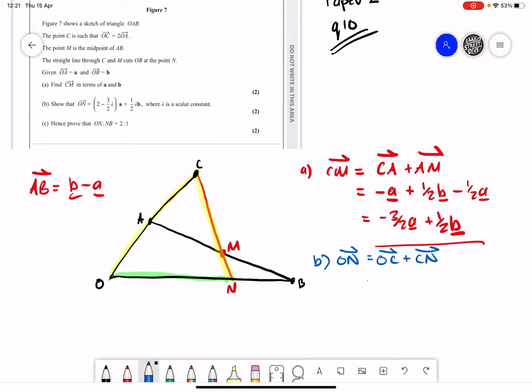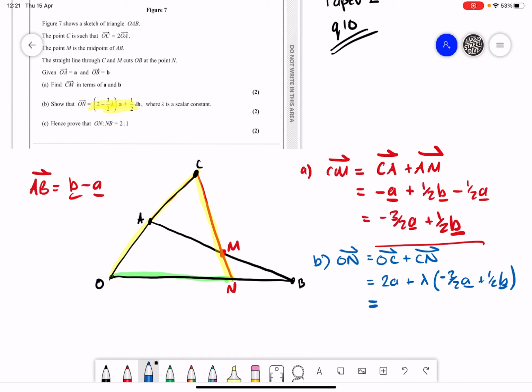Now I know that OC is equal to 2A, and CN is some multiple of CM. I'm going to use lambda to represent the scalar multiple, because that's what's given to us in the question here. We've got a little lambda floating around, so we use lambda. Okay, so plus lambda CM, which is lambda times minus 3 over 2 A plus a half B.